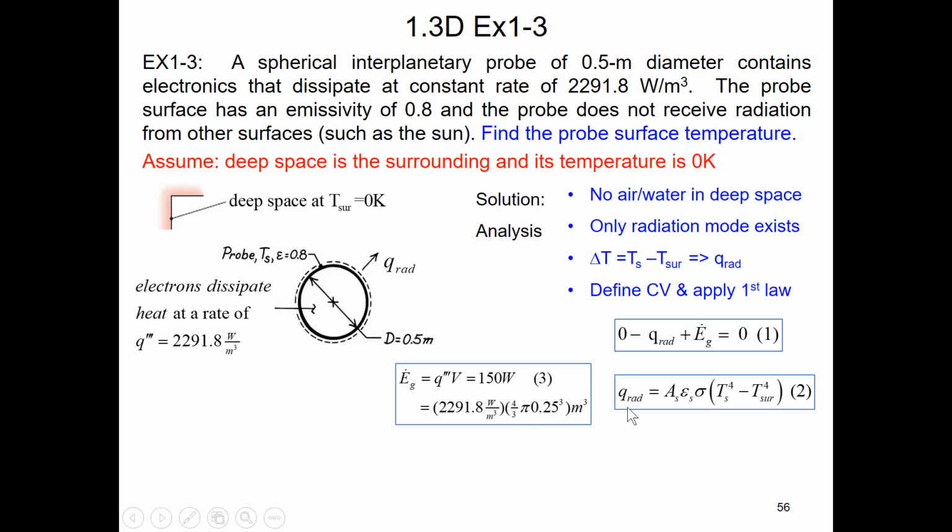Next, we can plug equation 2 and the value 150 watt of energy generation into equation 1 to get equation 4.